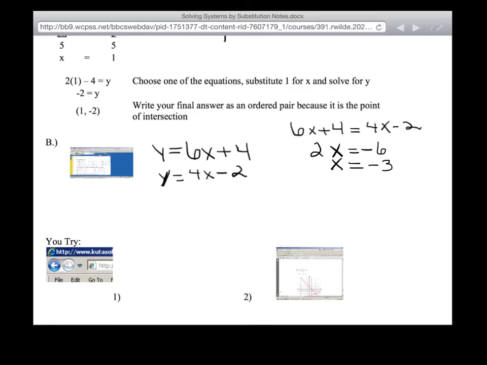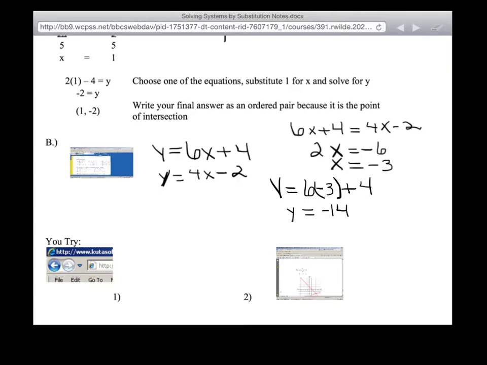Now at this point, you have your x value, and now we need to figure out your y value. So you're going to take your x value here and plug it in here so you can solve for y. y equals 6 times negative 3 plus 4. y equals negative 18 plus 4, which is going to give you negative 14.